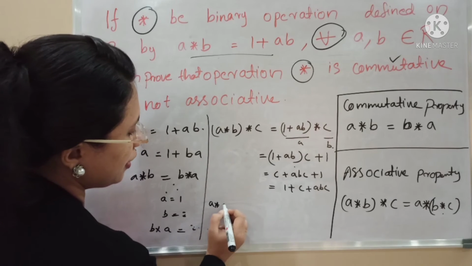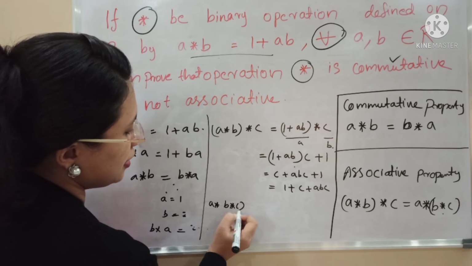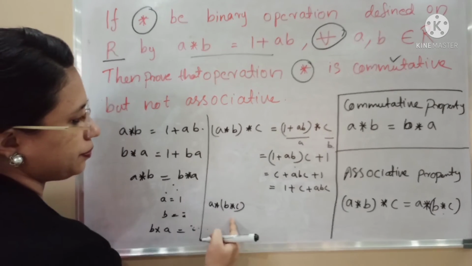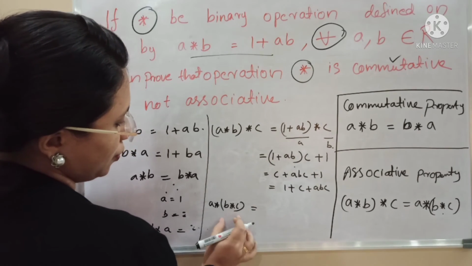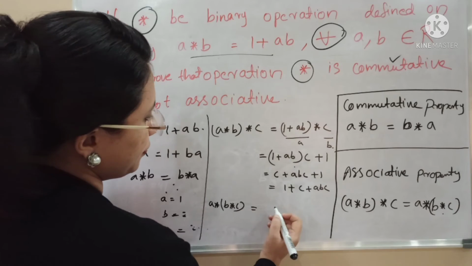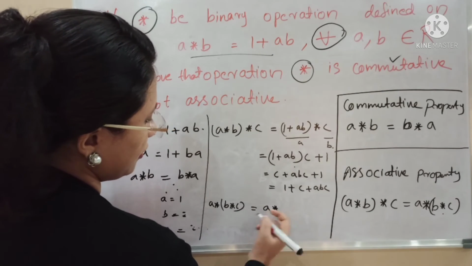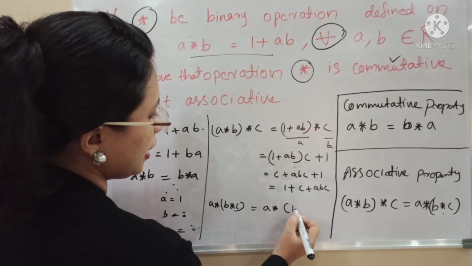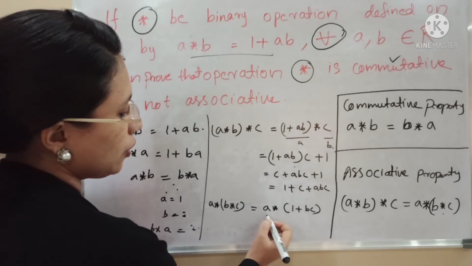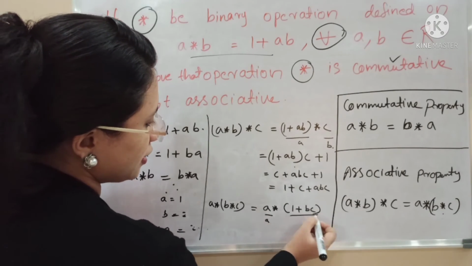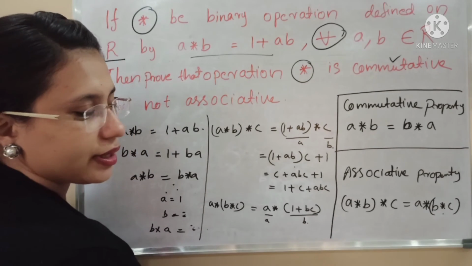So we will do this part also: a star (b star c). First do this part. b star c will be 1 plus bc, right? Now this will be our b, and a will be our a. Consider it like that.